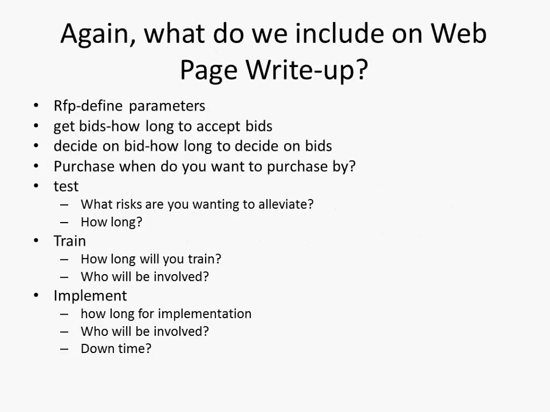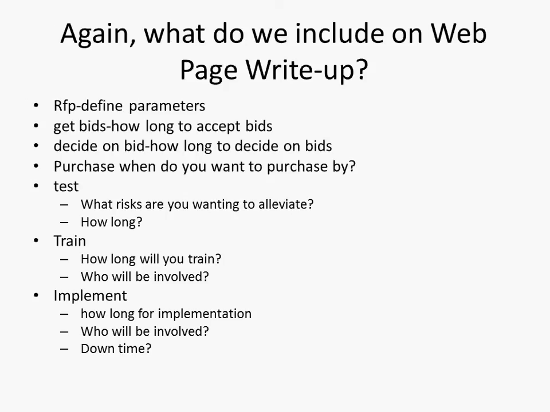So what is included, what should you put on that web page write-up? Okay, so here's kind of beginning to end what we want to see on that web page. We want to look at the RFP. Okay, basically give me the high spots of your RFP. What did you want from your vendors? Okay, then you'll get your bids. Well, how long are you going to accept your bids?